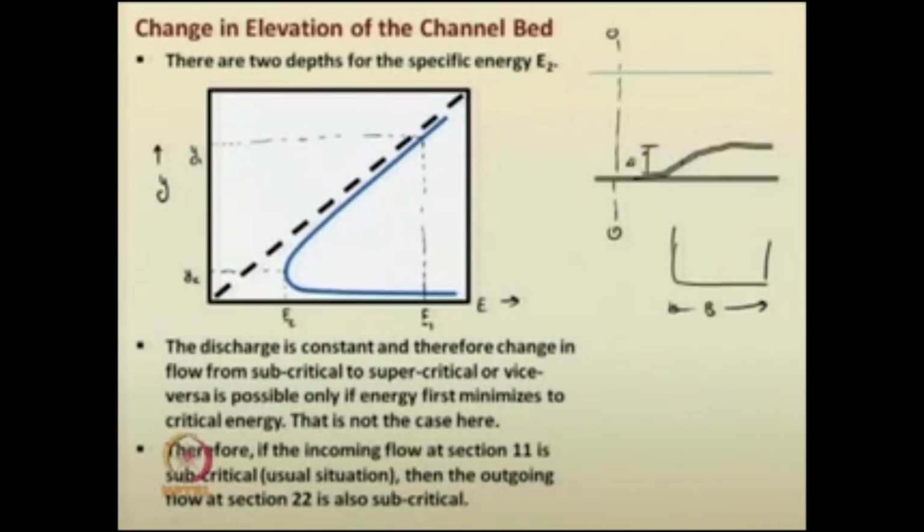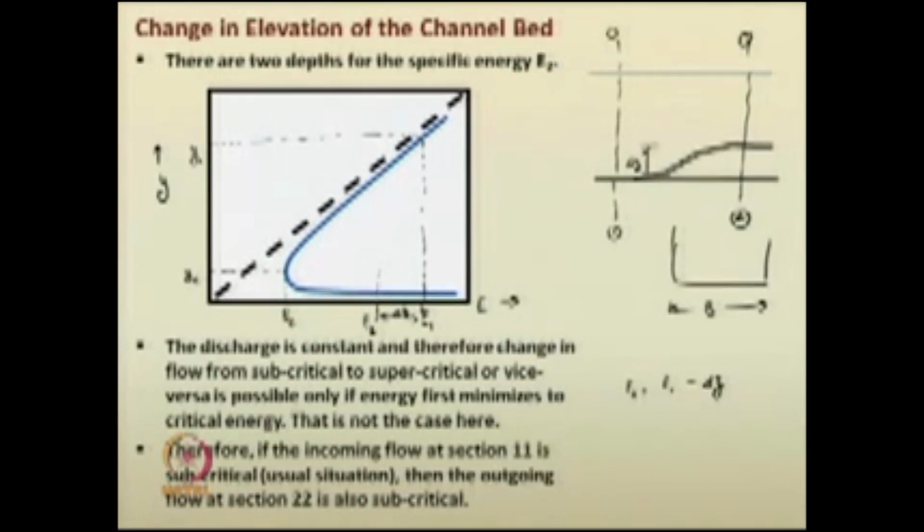So, the specific energy now at the downstream section 2, as mentioned earlier, E2 is equal to E1 minus del z. Del z is a known value to you. So, I will be just deducting del z from here. I will just observe what is the corresponding specific energy.